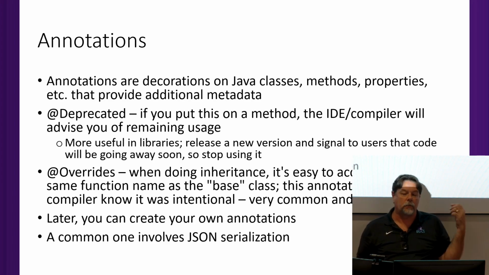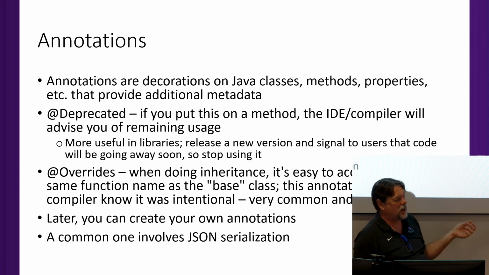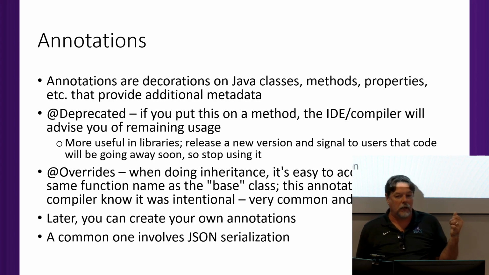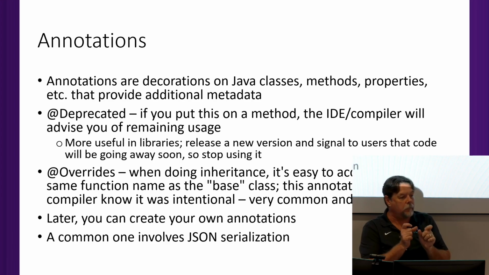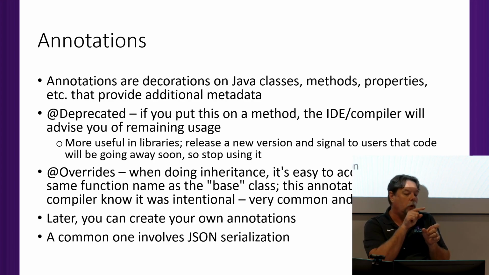So to prevent us from being able to do that, that can be a really subtle, nasty bug if you hit it in practice. So what the compiler does is it says, if you have a base class and you derive that with another class and you use the same name, I'm going to make you put the overrides attribute on the one in the derived class.